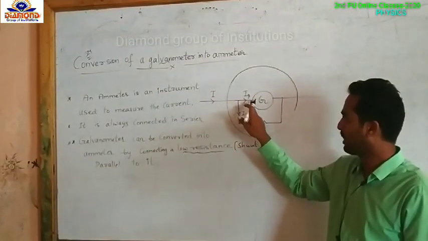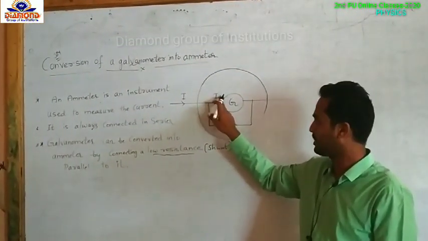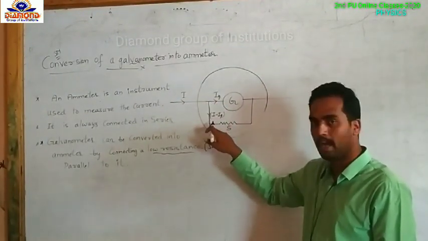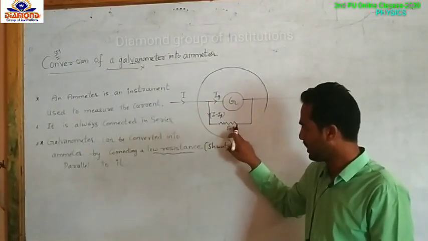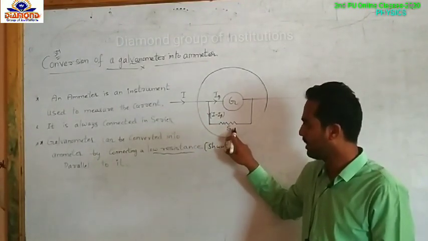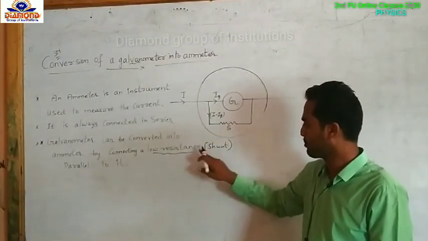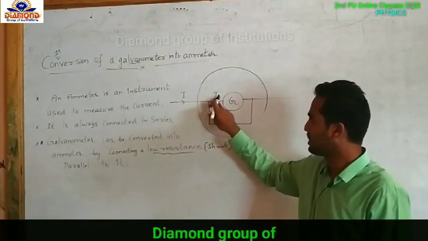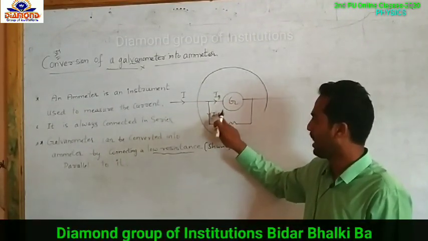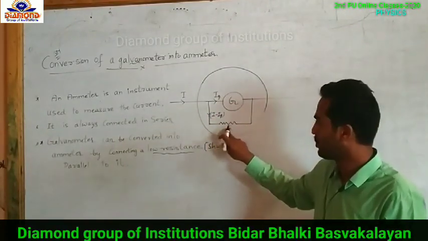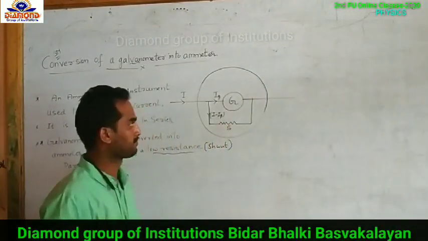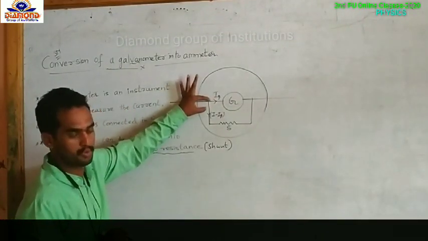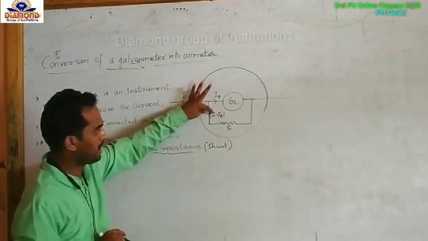The current through this G is Ig, and the remaining current, that is I minus Ig, passes through the small resistance, which is connected in parallel. The symbol of this small resistance is called a shunt. So the main current I is divided into two routes: one is Ig, the remaining is I minus Ig.